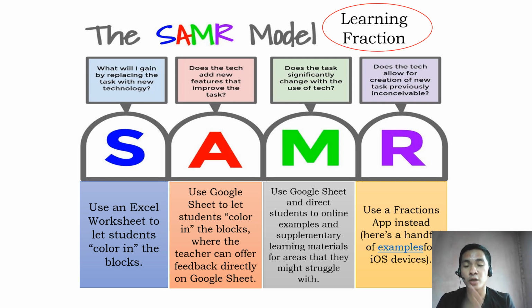Then they will upload their work and let the teacher assess the work of the students. All right, and the teacher will give the scores, whether they got 100% or 10 out of 10 or 100 out of 100. All right.